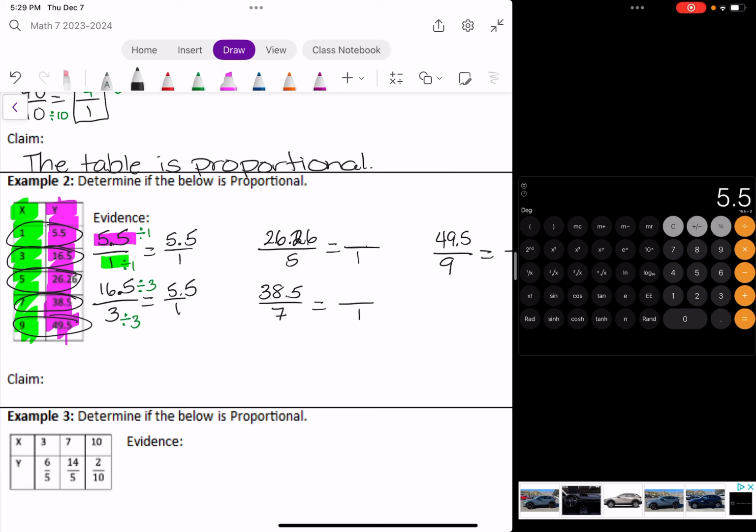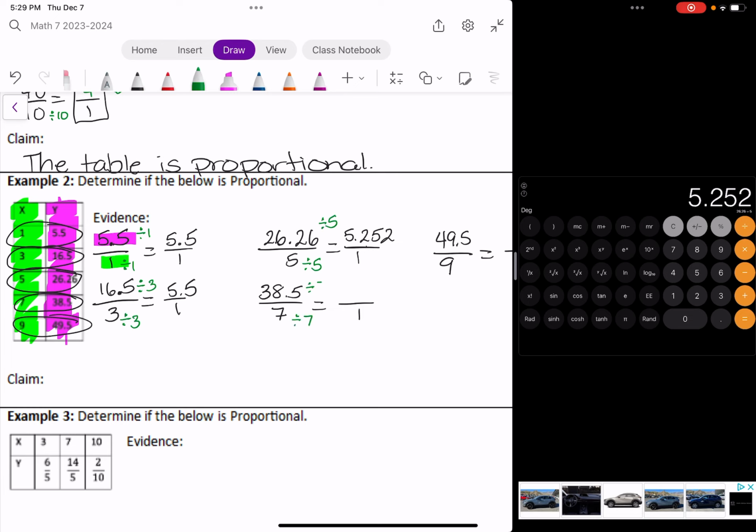Okay. Let me rewrite this. 26.26. Okay. 5 divided by 5 is 1. So do that to the top. 26.26 divided by 5. That gave me 5.252. Okay. Next one, 7 divided by 7 is 1.